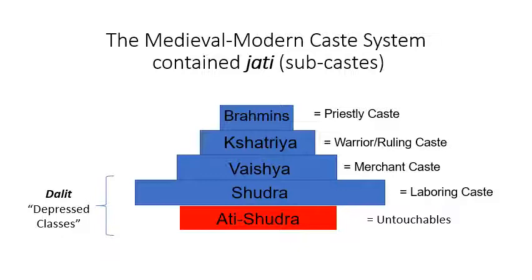We have the standard Shudra, who are the laborers and the farmers. But then there developed a subcaste of Shudra referred to as the Ati Shudra, which would later become known as the Untouchables. As you can see on the left side of the diagram, the Shudra and Ati Shudra are referred to today as Dalits, or the depressed classes.